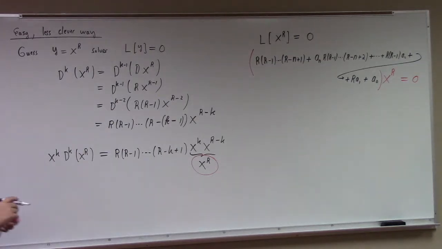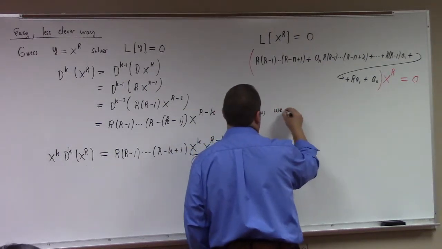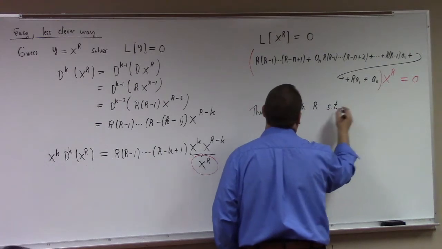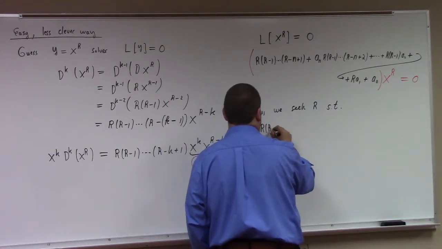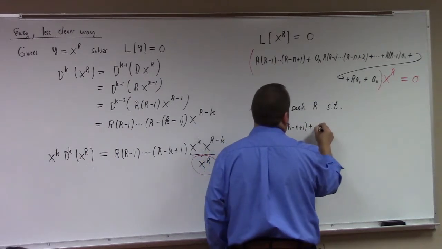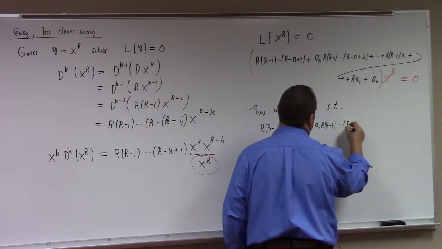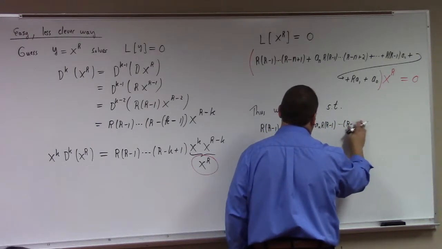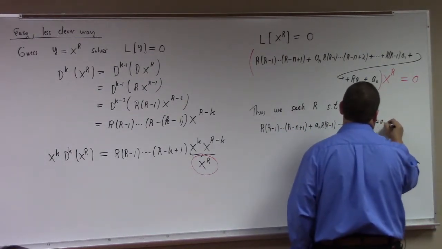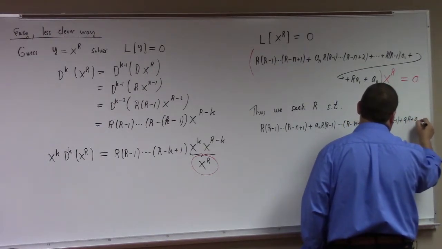So apparently, we seek r such that what? r times r minus 1 up to r minus n plus 1, plus a n times r times r minus 1 up to r minus n plus 2, plus and so on, plus a2 r times r minus 1 plus a1 r plus a naught equals 0.